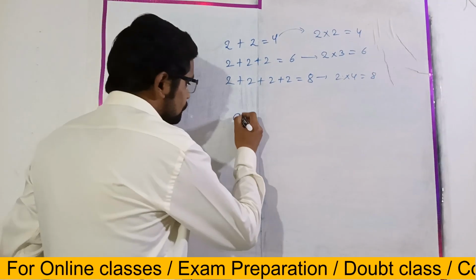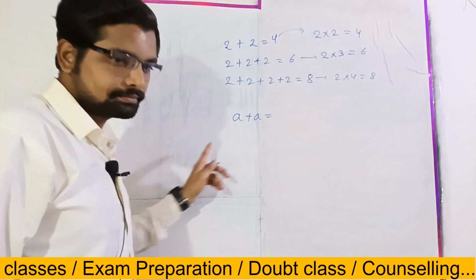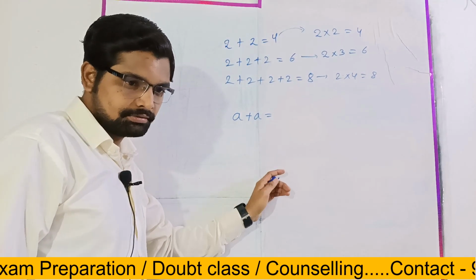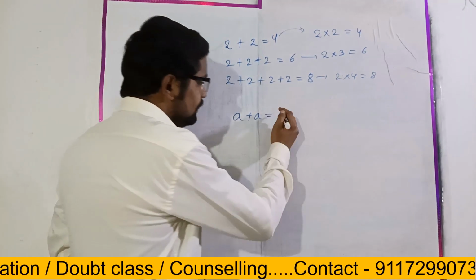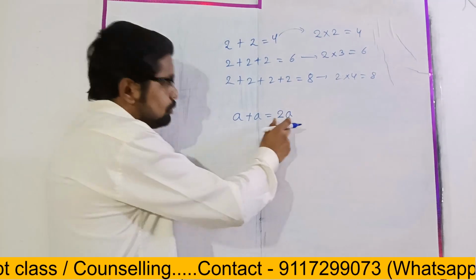If it is a plus a, it will be 2a. A plus a means 2a. Now let's see how it becomes 2a.